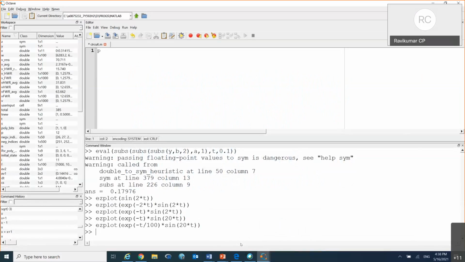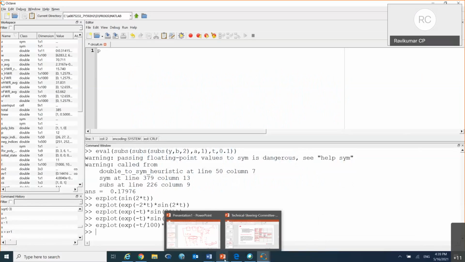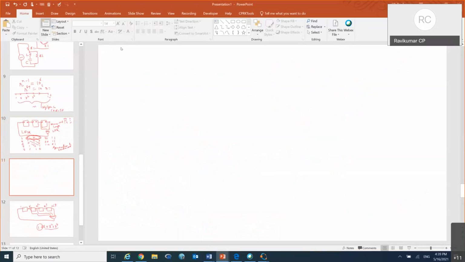Let us try a very simple example today of trying to use it for the solution of differential equations. So let us try this example.